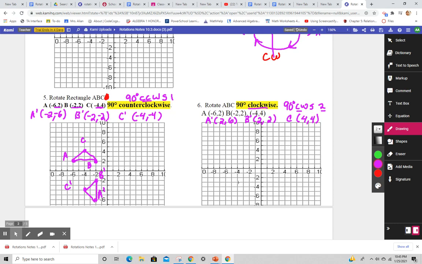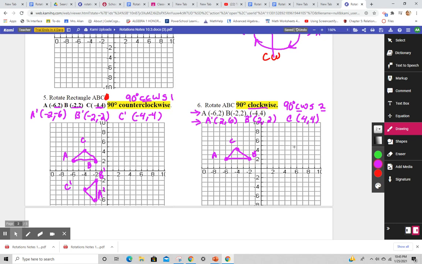All right, so we just need to plot the points, the pre-image and the image. A is located at -6 up 2. This is A. B is located at -2 up 2, B. C is located at -4 up 4. Okay, and that's what we had there before.